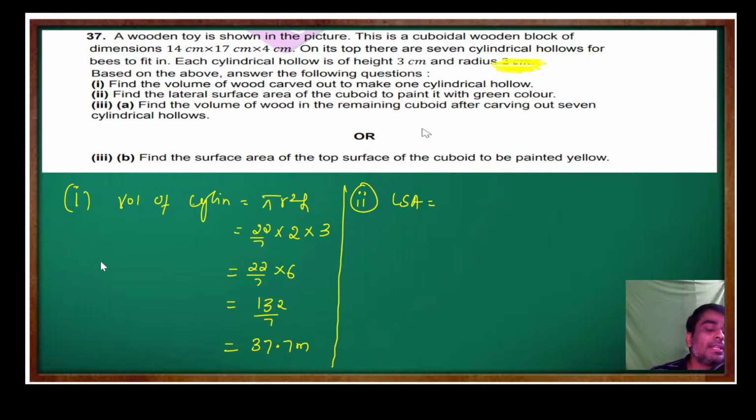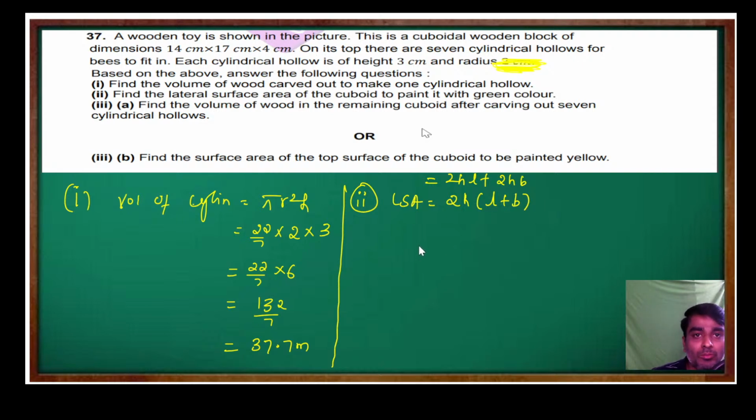For other figures, they call it CSA, curved surface area. So the lateral surface area formula, 2H into L plus B. Cuboid lateral surface area, 2H into L plus B. You can write this as 2HL and 2HB also. Like this also you can write.